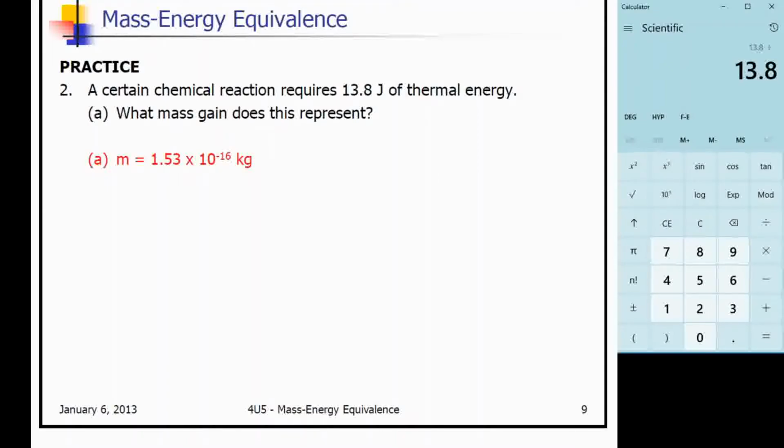So this divided by 3 squared and divided by 10 to the power of 16, that's equal to c squared. If I divide that, I end up with this value, 1.53 times 10 to the negative 16, because I used a negative in there. So that's a very small mass.